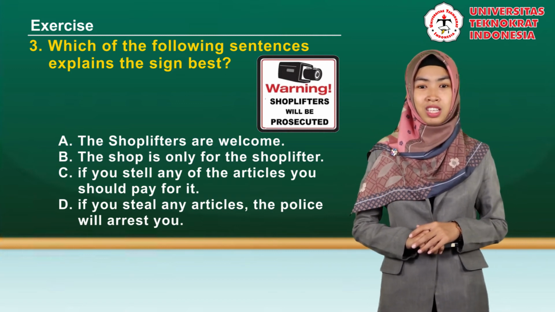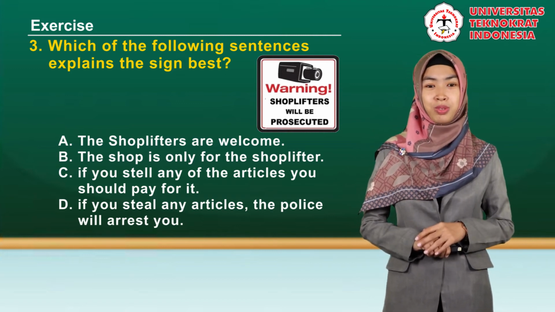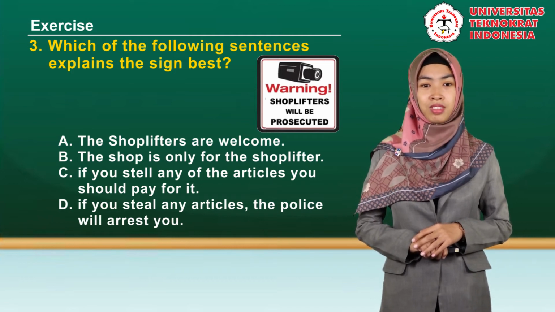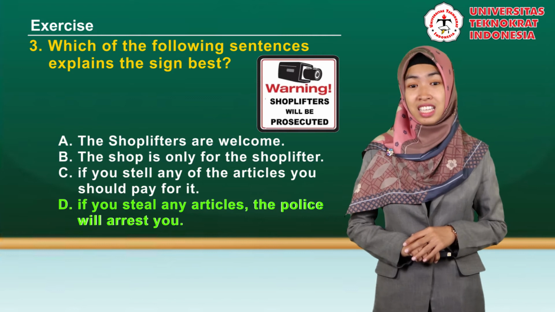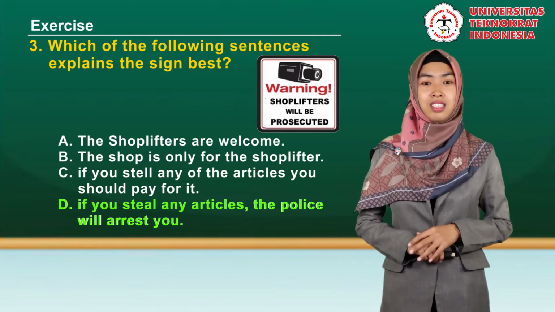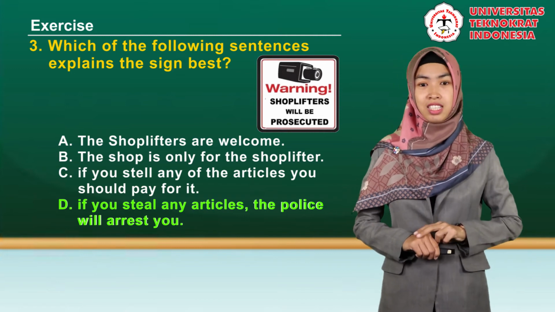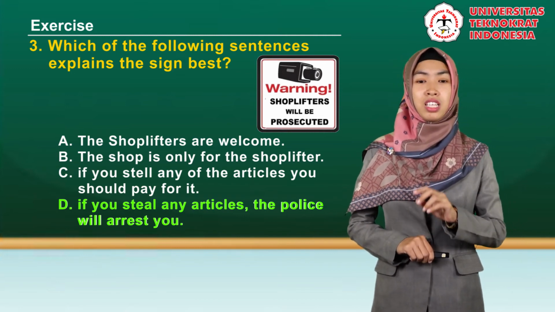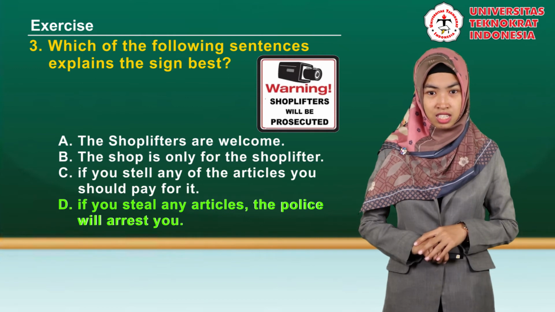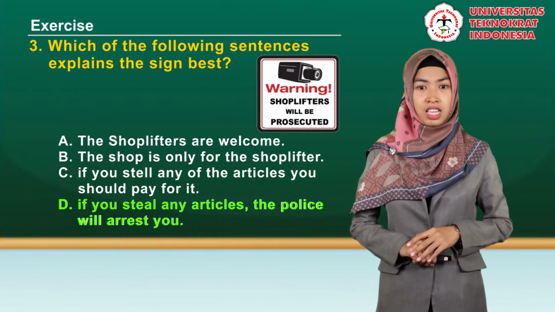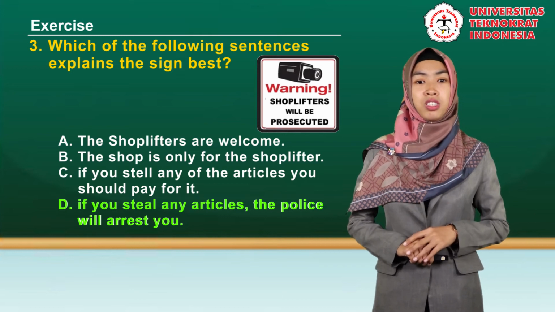So, I give you a little time to answer this one. What do you think? Which one is the best answer? If your answer is D, that's great. Because there are 2 words that become the keywords in this notice. The first one is shoplifters, and the second one is prosecuted.